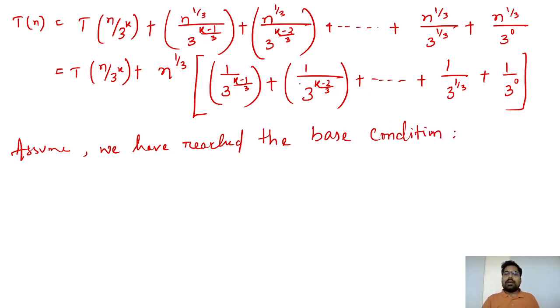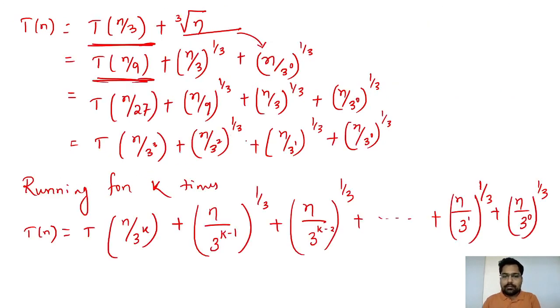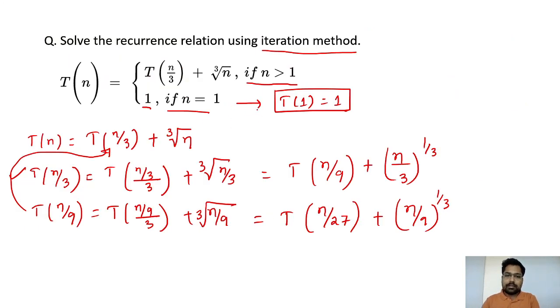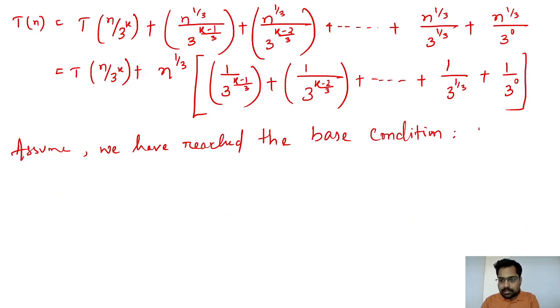Because we are finding the number of times we are running is k, but what is the value of k? To find the value of k, we assume that we have reached our base condition, which is written as T of 1 is 1, which is there in the example, or you can say the question. As per the question, the base condition is T of 1, meaning when the n value is 1, the cost is 1. So from this, our function is this one.